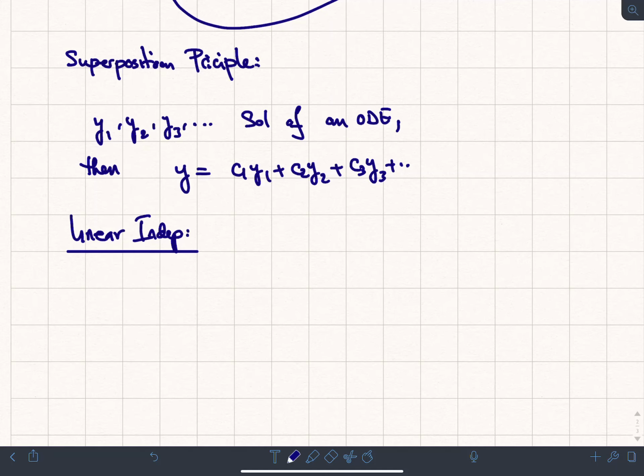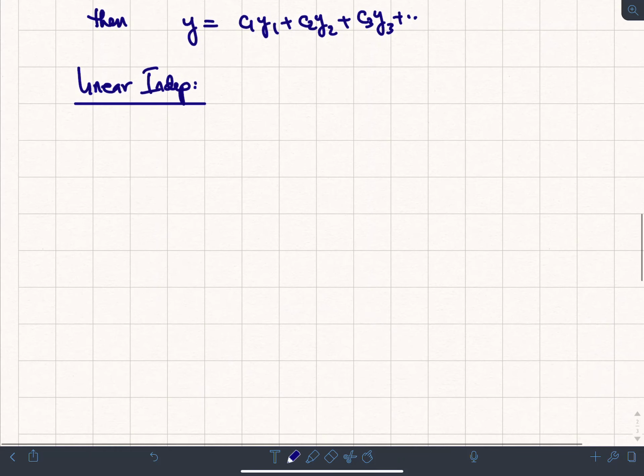So to show linear independence, if you recall from last week, we will find for a bunch of functions or solutions, f1, f2, and I'm just going to do it for 3 of them, f3. If these 3 functions are to be linearly independent, then the Wronskian must be non-zero. I mean the determinant, which is the Wronskian.